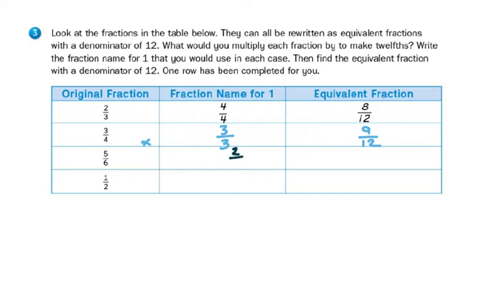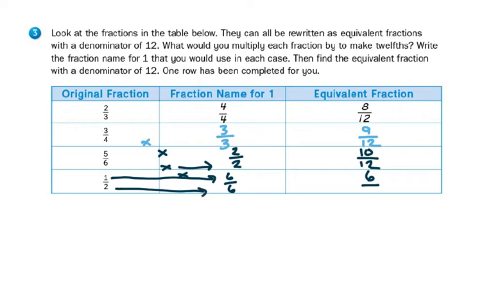Let's go 2/2. So now we just multiply 5 times 2 is 10. 6 times 2 is 12. And then lastly, let's take 6/6. So we're going to multiply 1 times 6 to get 6. And 2 times 6 to get 12.